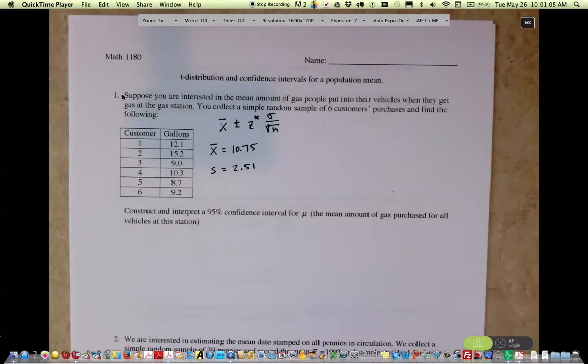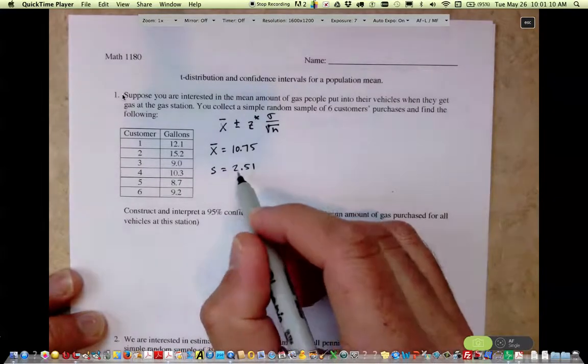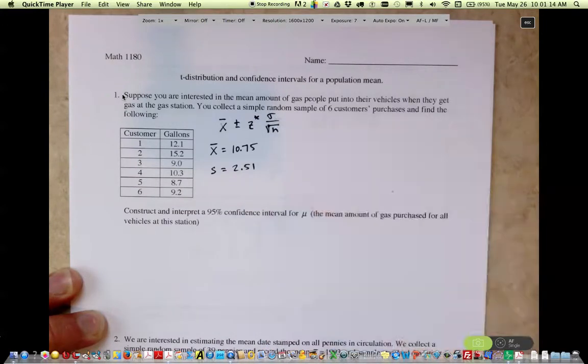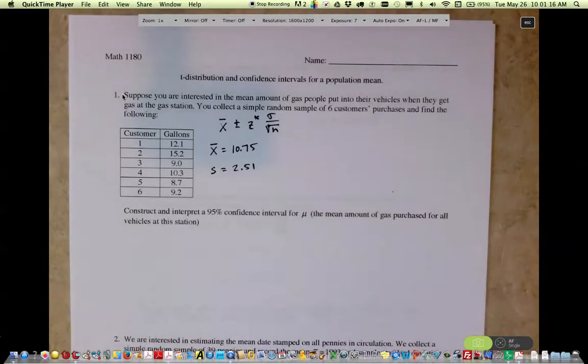All right, and so it seems like a reasonable thing for us to do is just to take this s and stick it in here where sigma is, and then construct the confidence interval based upon s instead of sigma. All right, so that seems like a very reasonable thing to do, and it is, but I want to demonstrate a couple of issues that are going to come up if we just blindly do that. We're going to end up having to use a little bit different distribution other than the Z distribution.